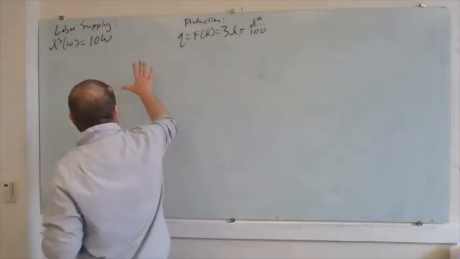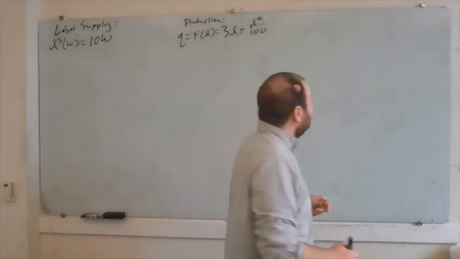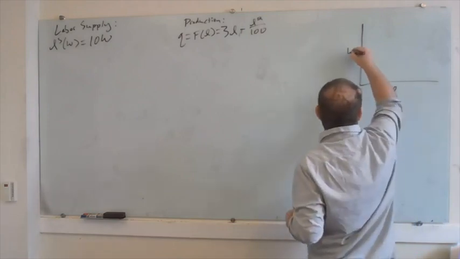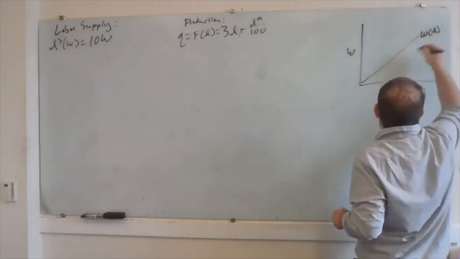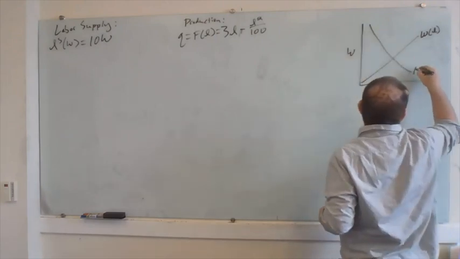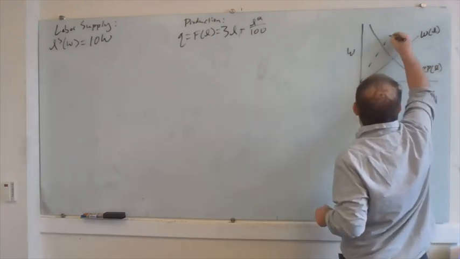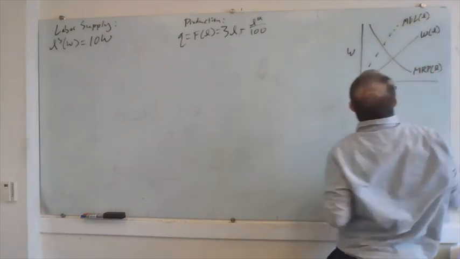So what do we need to do in order to know this? Well, what you might remember from what we just did, go back to the picture we've drawn. We had L and W. We had an inverse labor supply, W of L, like this. We had marginal revenue product like this. We had a marginal expense of labor like this.